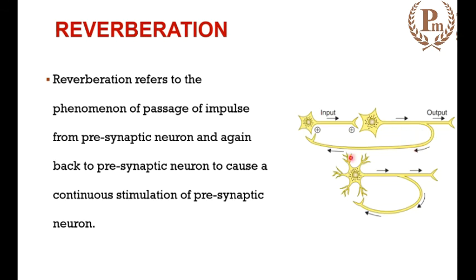So some of them may go back again and stimulate the presynaptic neuron, which was stimulating the postsynaptic end. So your circuit is kind of reverberating. It's going again and again. So now the activity of the pre is modulated. It has become more active now. So this circuit is called reverberation, and we can see such a phenomenon in case of synapses. So reverberation is a property of synapse.